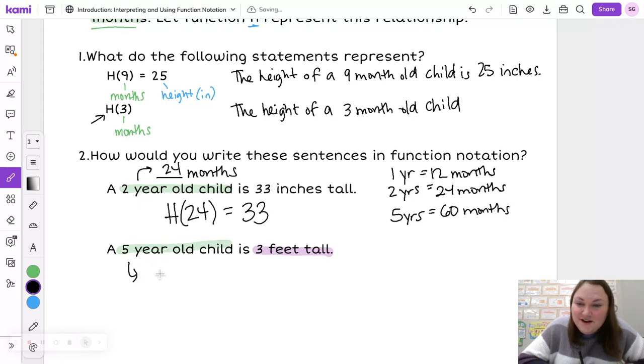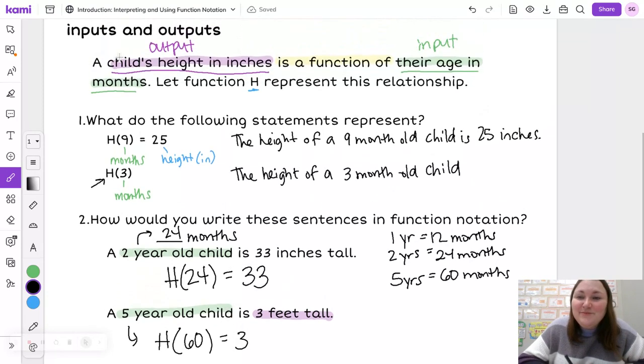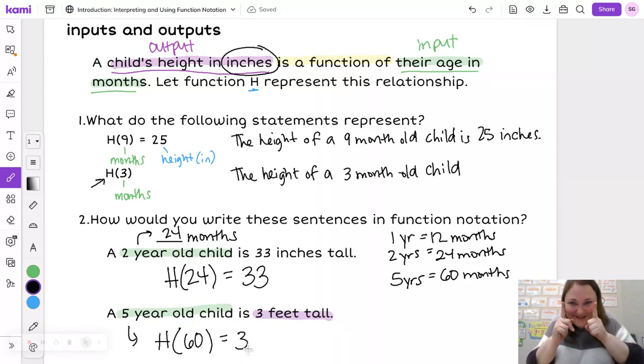And so the first part, my input is going to be 60 for 60 months. Now, did you write equals 3? If you did, remember our output is their height in inches. And so this would mean our 5-year-old child, our 60-month-old child, is 3 inches tall. And that is not right.